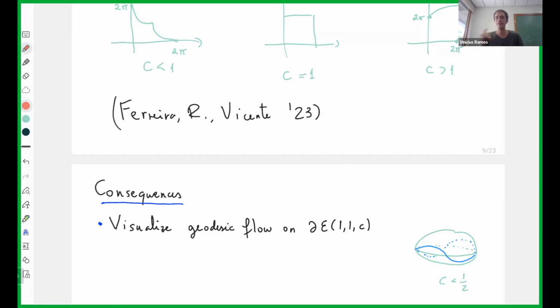Of course, everything has an S1 symmetry. And in fact, as C gets smaller and smaller, we're going to have more and more of these geodesics that go up and down many times.